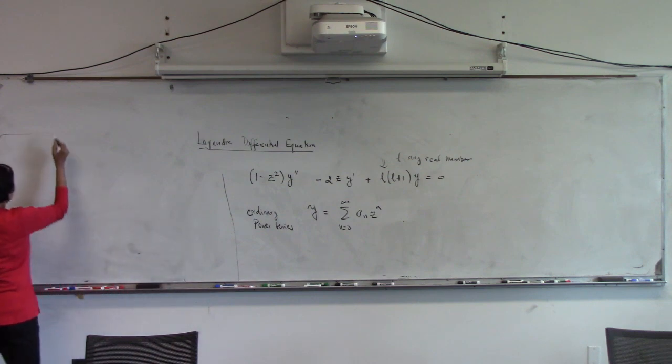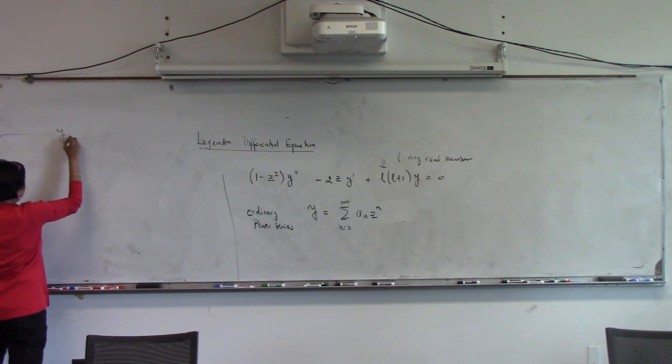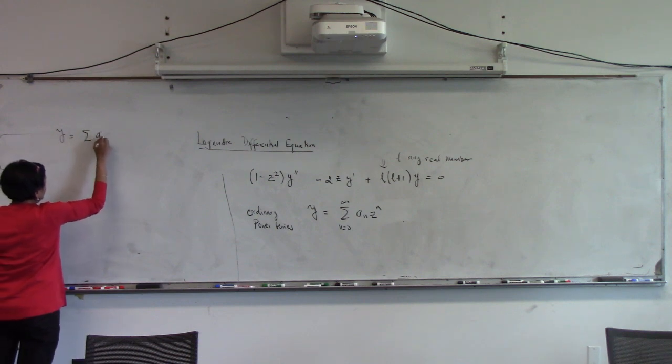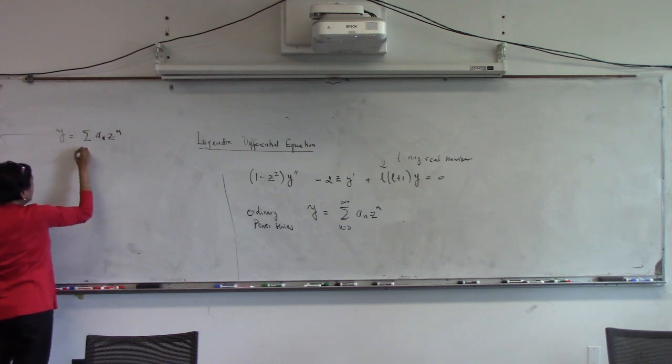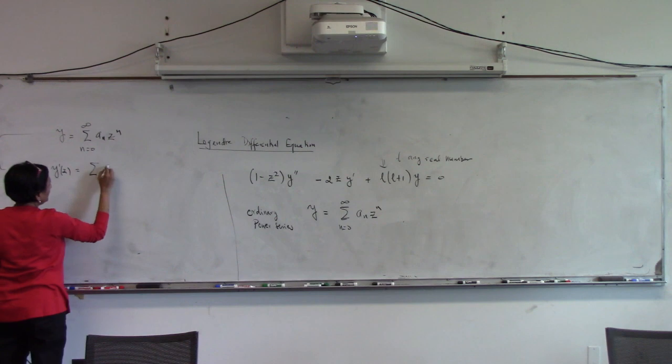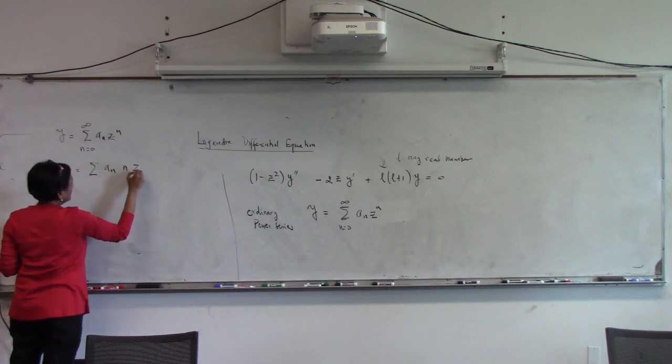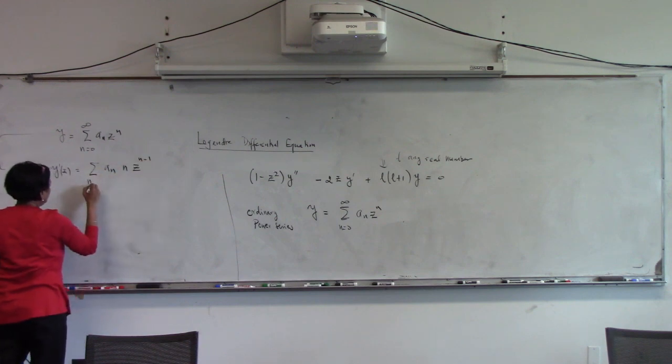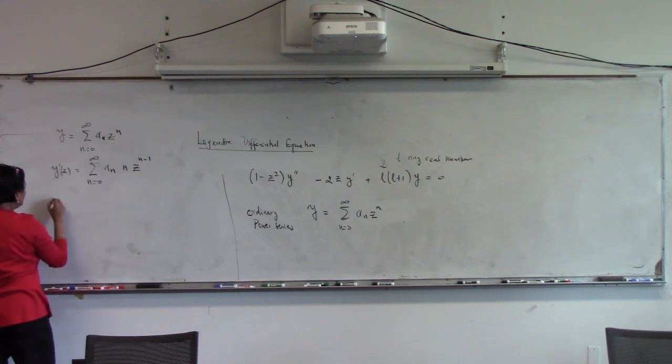All right, so let's do this. Y prime of z is then nothing but the sum of a sub n, n z to the power of n minus 1, n going from 0 to infinity.